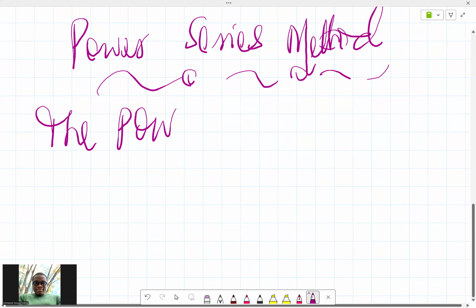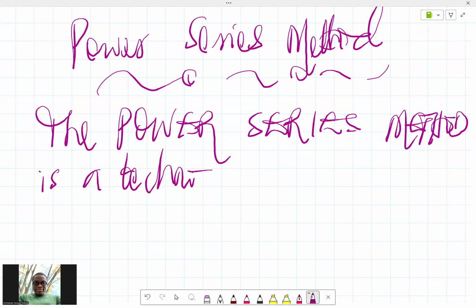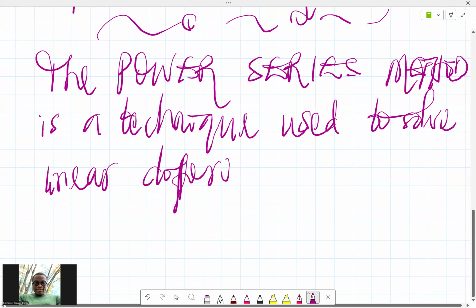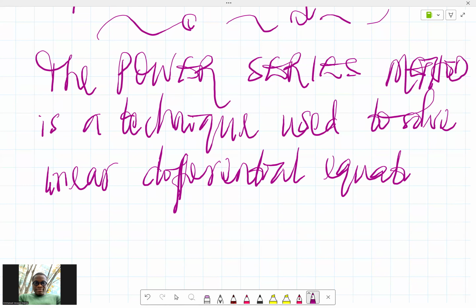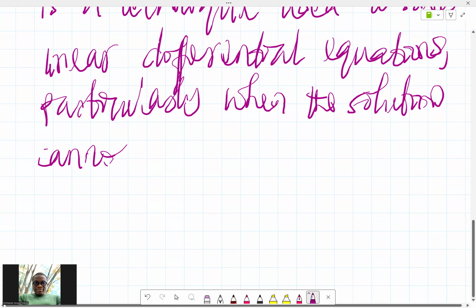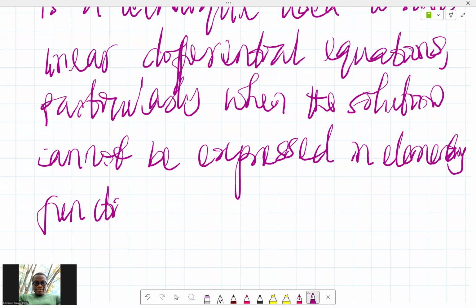So the power series method is a technique used to solve linear differential equations, particularly when the solution cannot be expressed in elementary functions, or what you can call closed form.